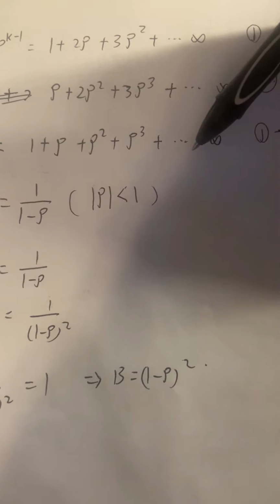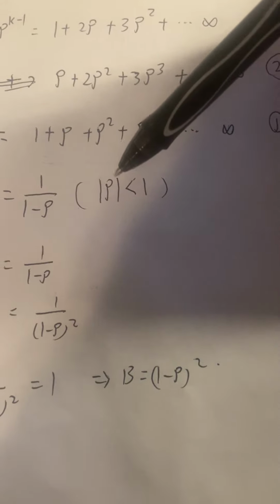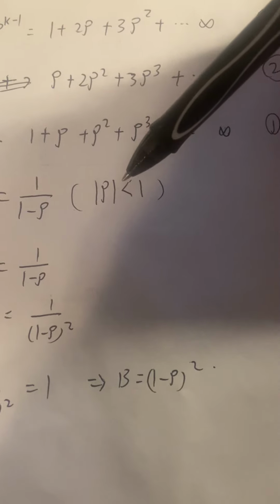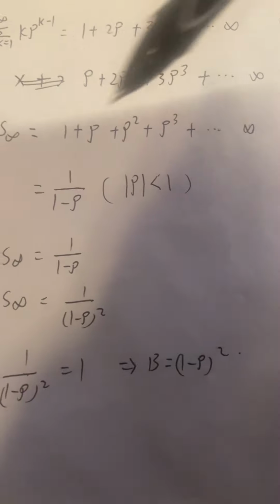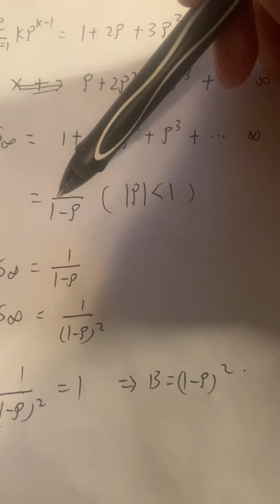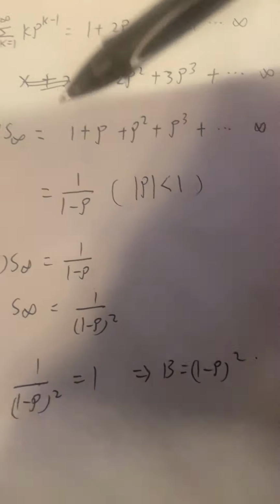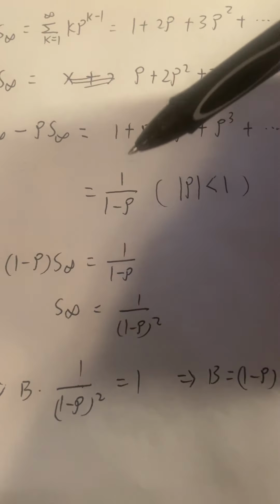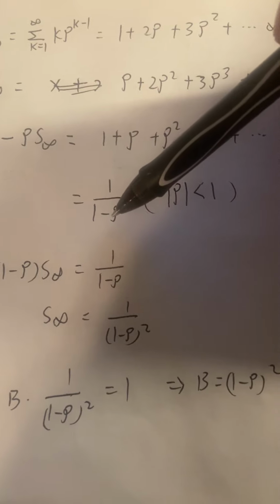And this term, when the absolute value of p is less than 1, will be 1 over 1 minus p, and we know that p is between 0 and 1, so it is equal to 1 over 1 minus p.